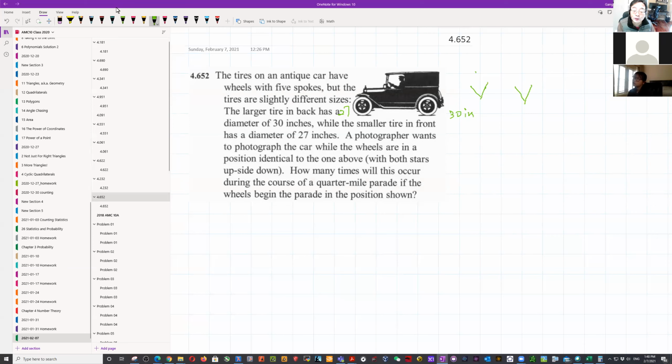So basically, we know that if we go by the LCM of 27 and 30, then we will completely return both wheels to the original position. So the LCM of those two numbers works, but we have to find extra positions that work.